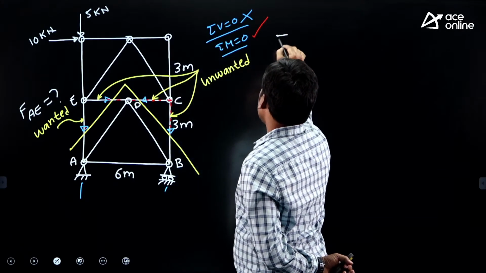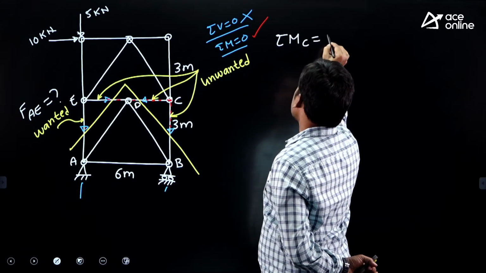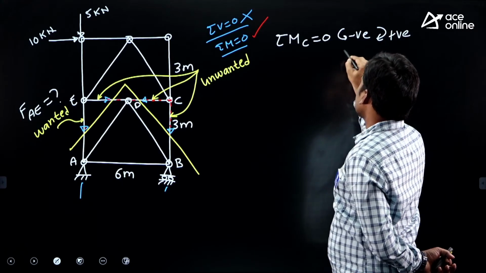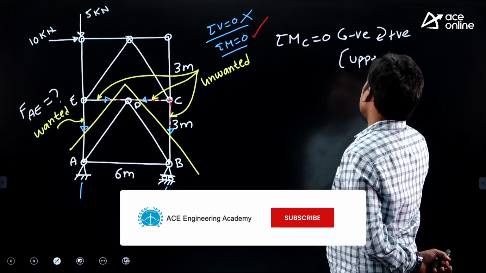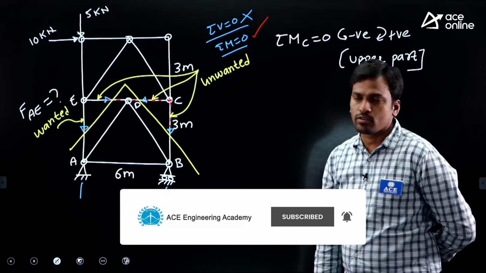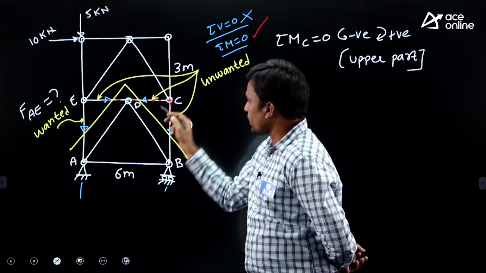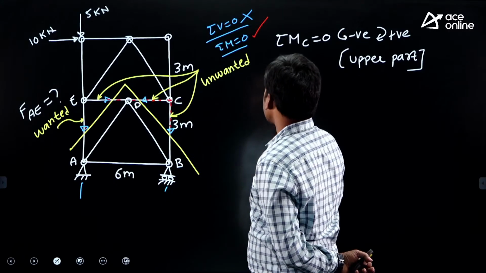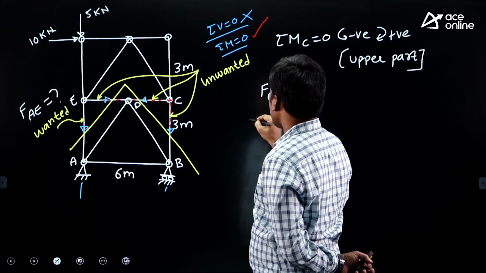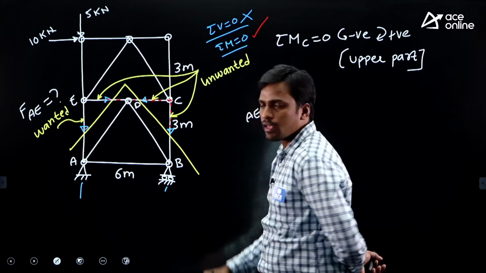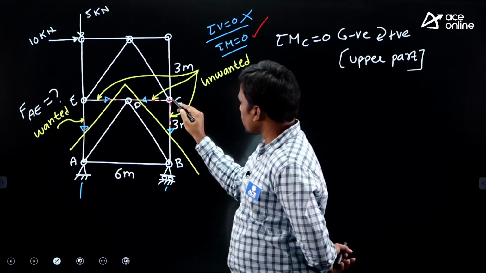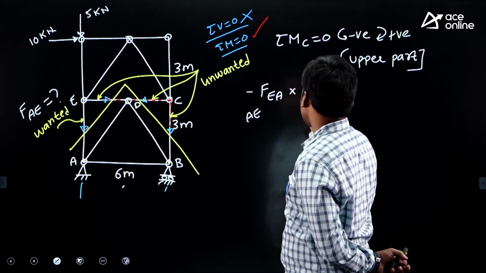Okay, then taking moment about joint C equals to 0. So you are doing analysis for which part? Upper part of the structure. Then consider only upper part forces. Don't consider lower part forces. Now the wanted member, clockwise or anti-clockwise? This is anti-clockwise. Then force in member EA or AE, you can write either because both are the same member. So this is anti-clockwise, minus, what is the perpendicular distance up to C? It is 6 meter.